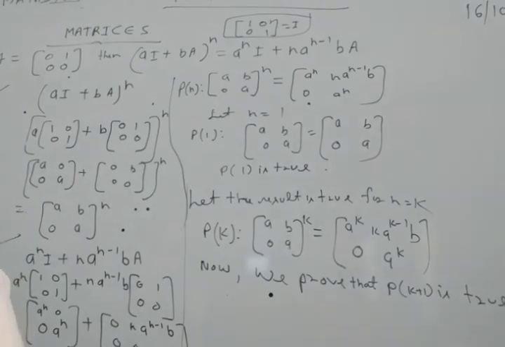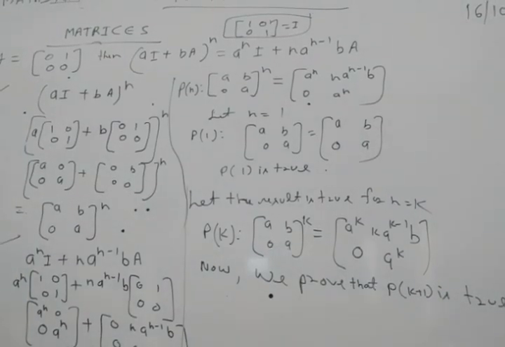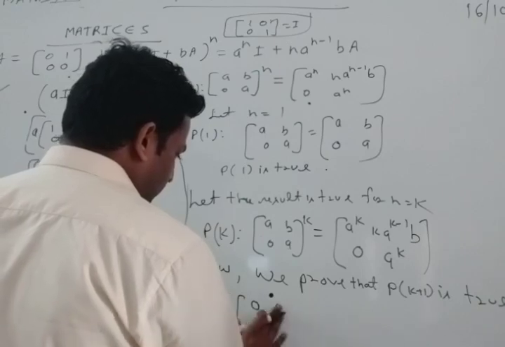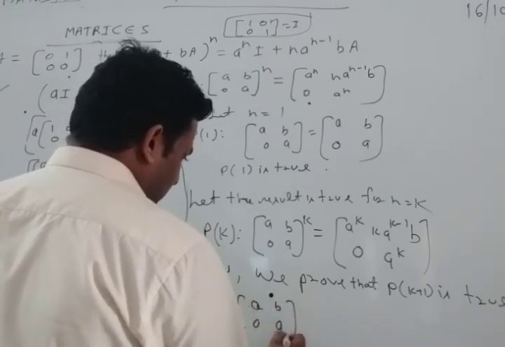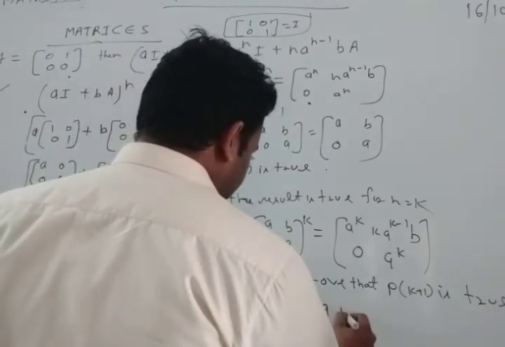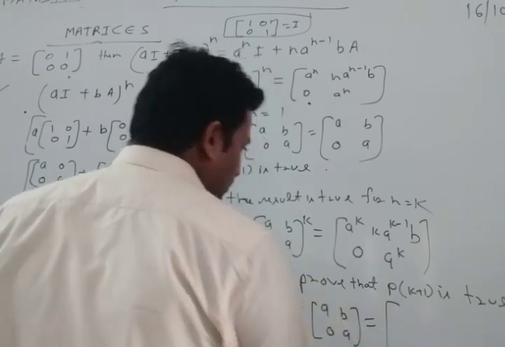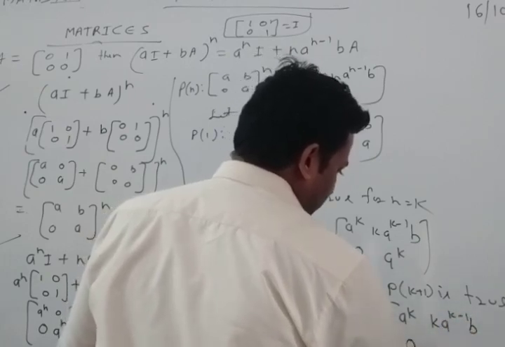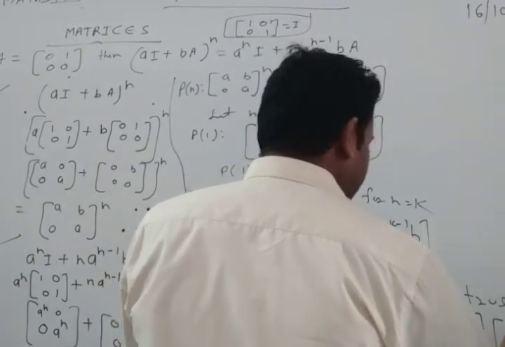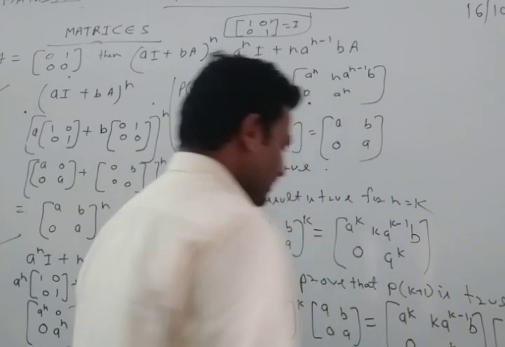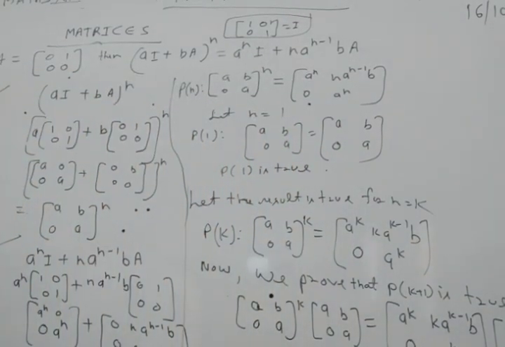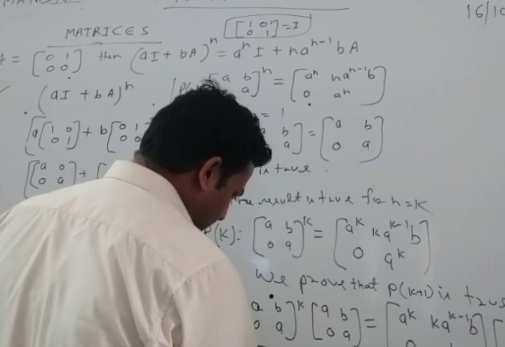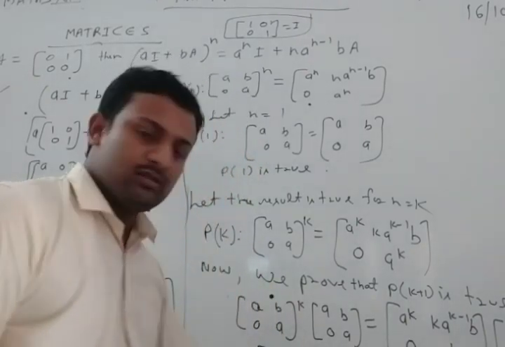So let us consider A B 0 A to the power k multiplied on both sides by A B 0 A. This is equal to a to the power k, a to the power k minus 1 b, 0, a to the power k, and this is multiplied by A B 0 A. Now we will multiply it and we get, so this will be what? Our A B 0 A to the power k plus 1.